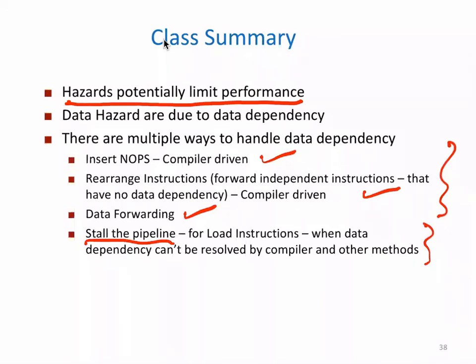The most important thing is that the semantics of the program should remain the same, whatever manipulation we are doing. At the top of the ISA, we have visibility only of the instructions, and that semantics has to be maintained, right?